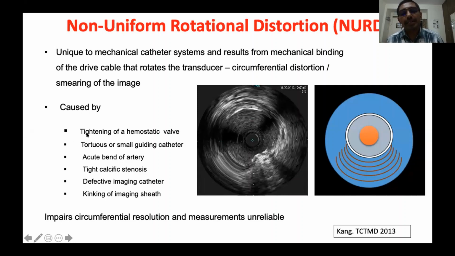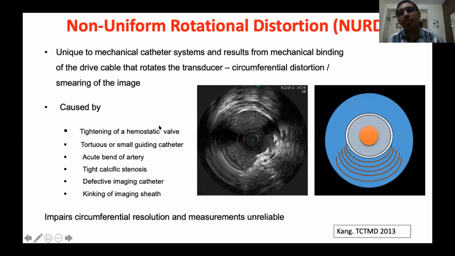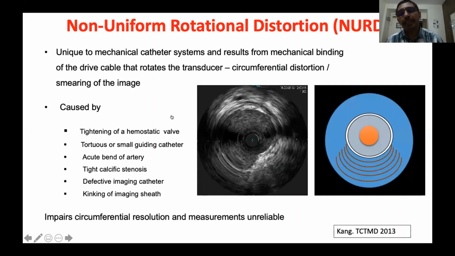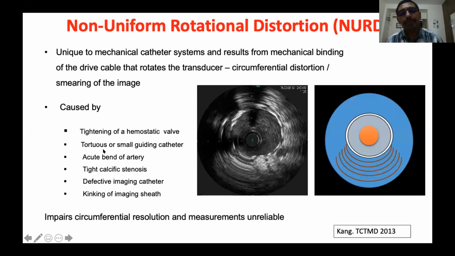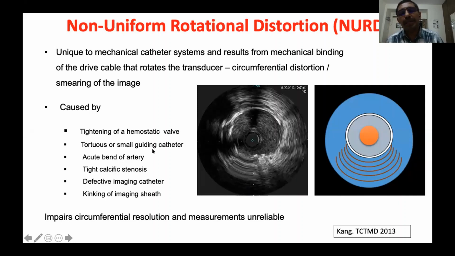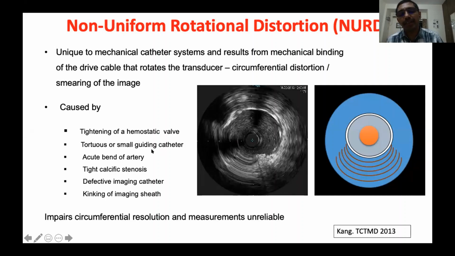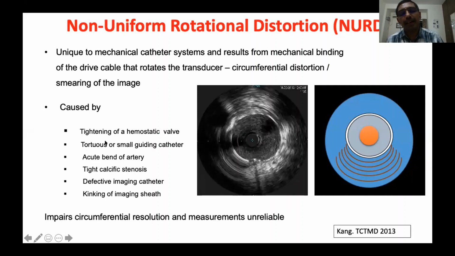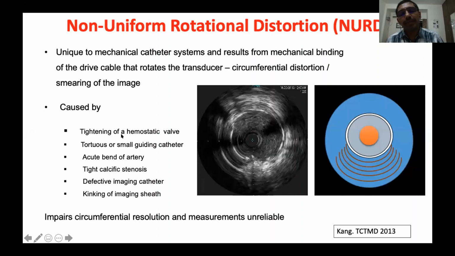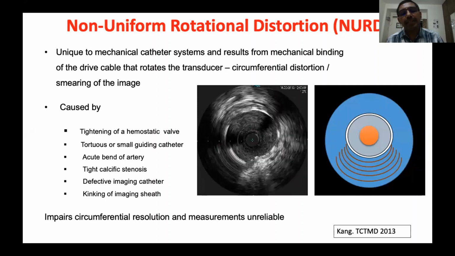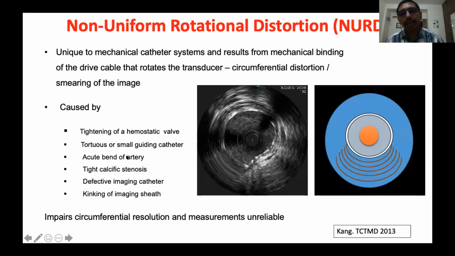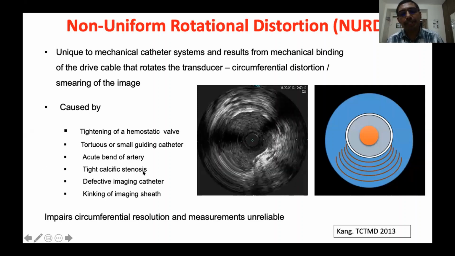It is caused by tightening of your hemostatic valve. If it is too tight, that results in hindrance to the rotation of the IVUS catheter. It also occurs when you use tortuous or small guiding catheters, such as a 5 French guiding catheter, or a guide catheter with multiple curves such as Amplatzer catheters, when there is an acute bend in the artery, or when there is a tight calcific stenosis.